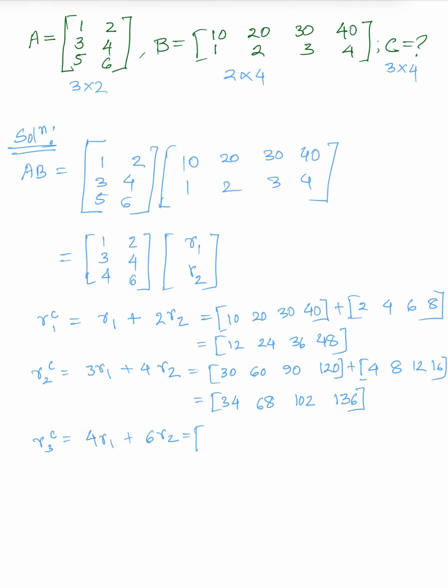And then the last one is 4 times R1, so 40, 80, 120, 160, and 6 times R2, so 6, 12, 18, 24, and this becomes 46, 92, 138, 184.